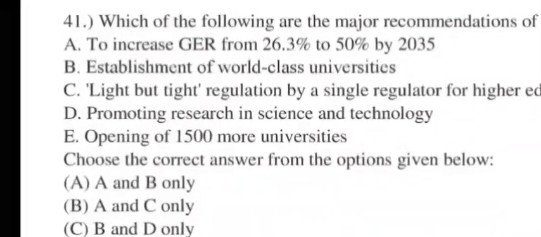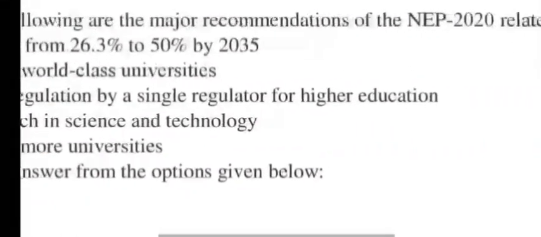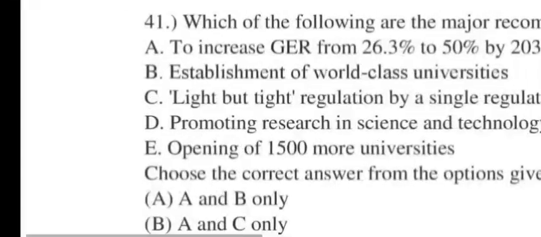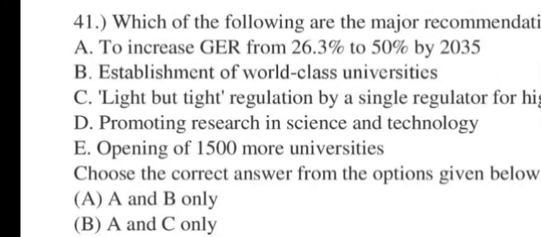41 says, which of the following are the major recommendations of NEP 2020 related to higher education? A, B, C, D, E. A, to increase GER, gross enrollment ratio, maybe, if I'm not wrong, from 26.3% to 50% by 2035. B, establishment of world-class universities.